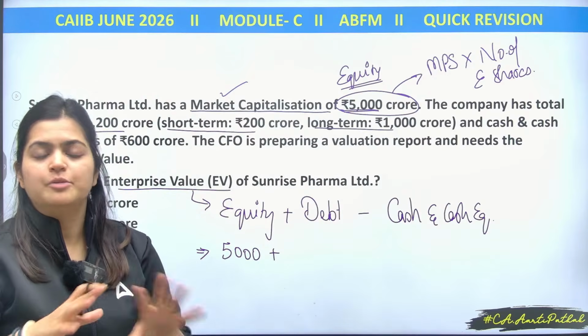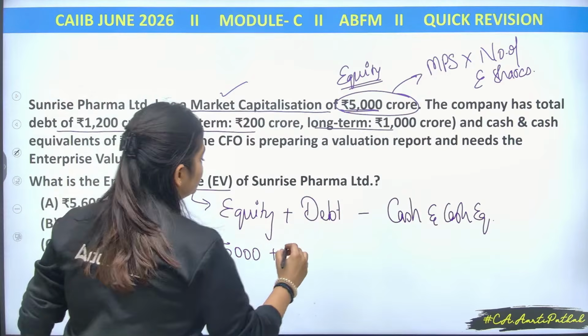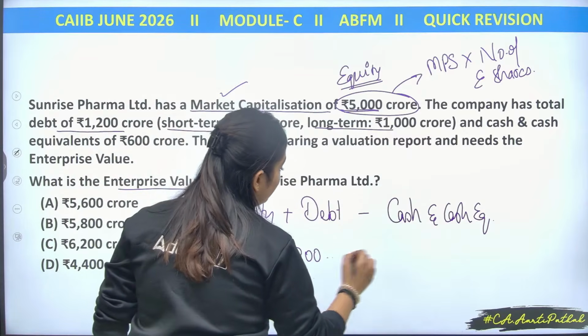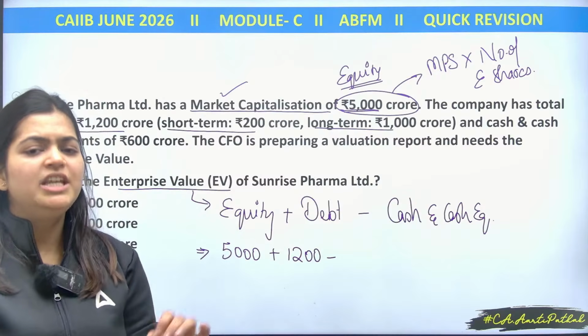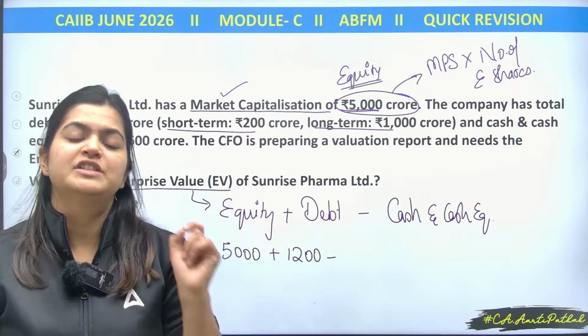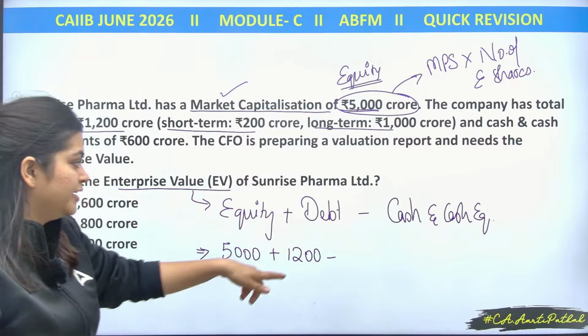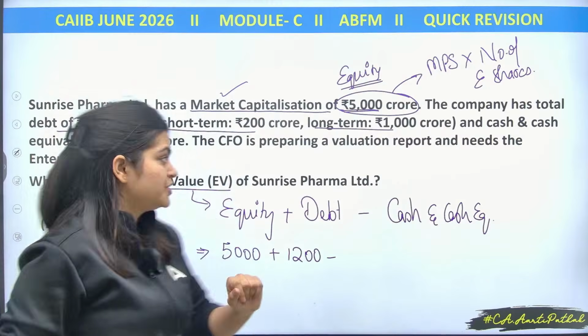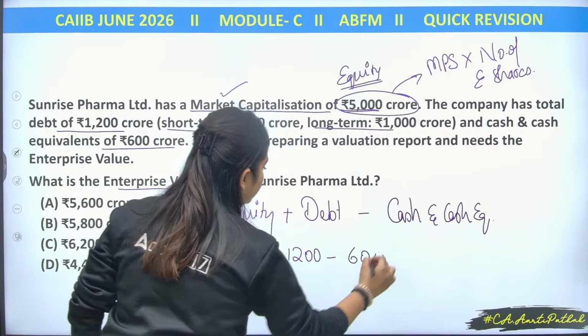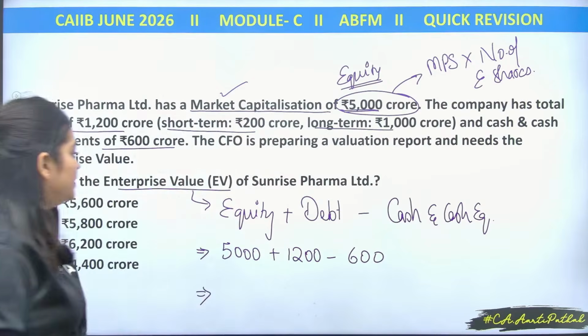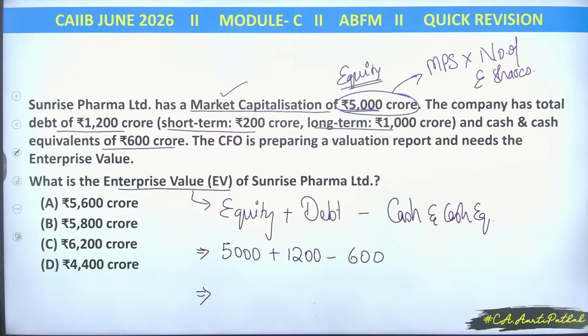Debt means debt, borrowing means borrowing. Okay, so you will be adding borrowing minus cash and cash equivalents, your bank balance, cash, any marketable securities whose life is up to 3 months, that is what is classified under cash and cash equivalents. Now clearly they have given here, that is 600, so minus 600. So please solve this and that will be your enterprise valuation answer.